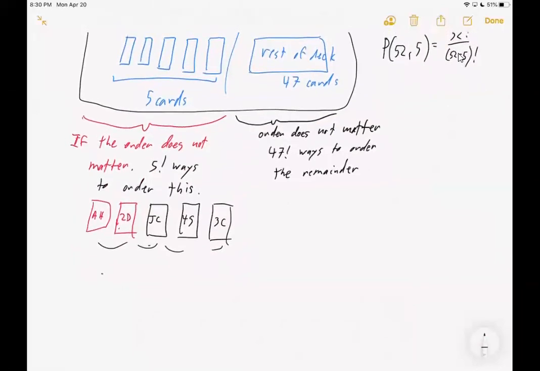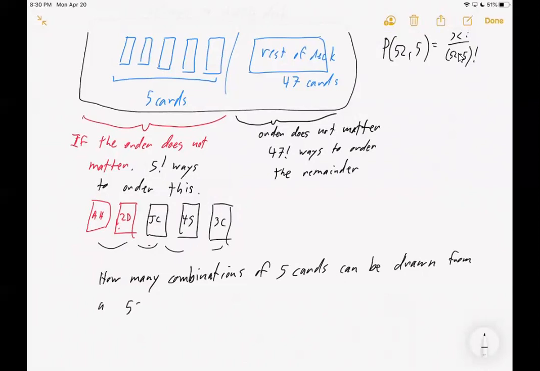We want to find how many combinations of 5 cards can be drawn from a 52 card deck.